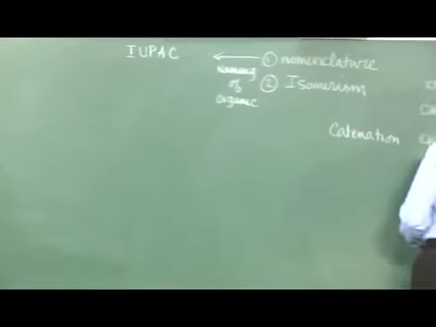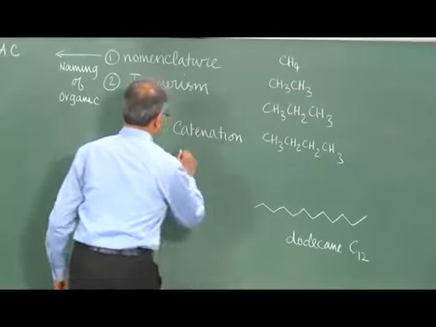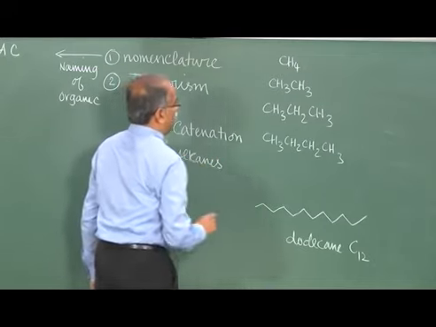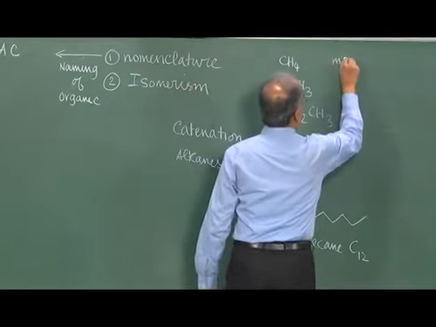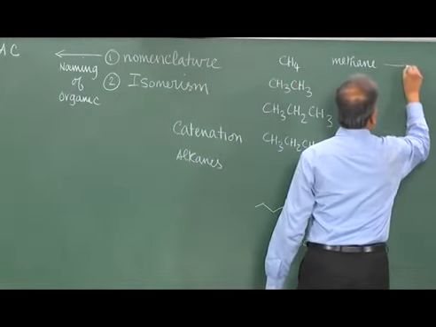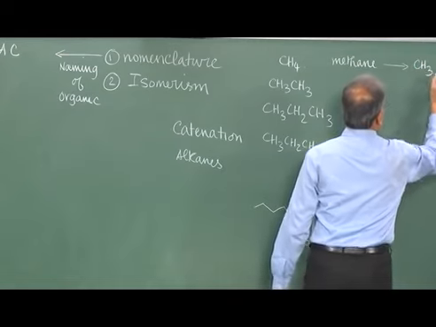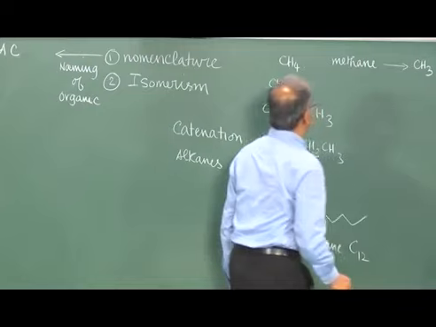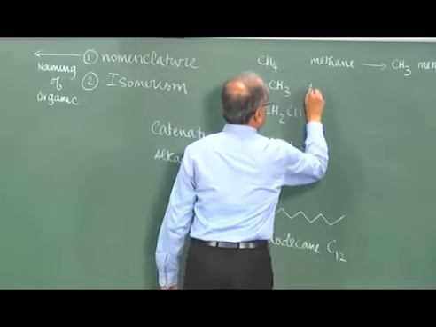So, let us start with simple alkanes. This is called methane. The corresponding radical would be called CH3, which will be methyl radical. This is ethane.